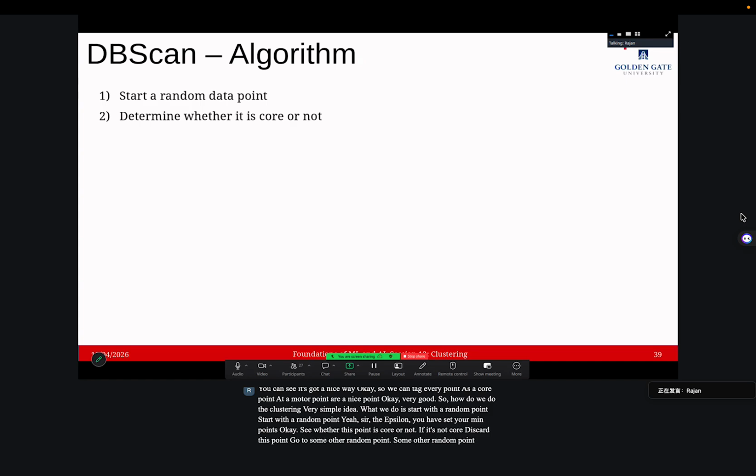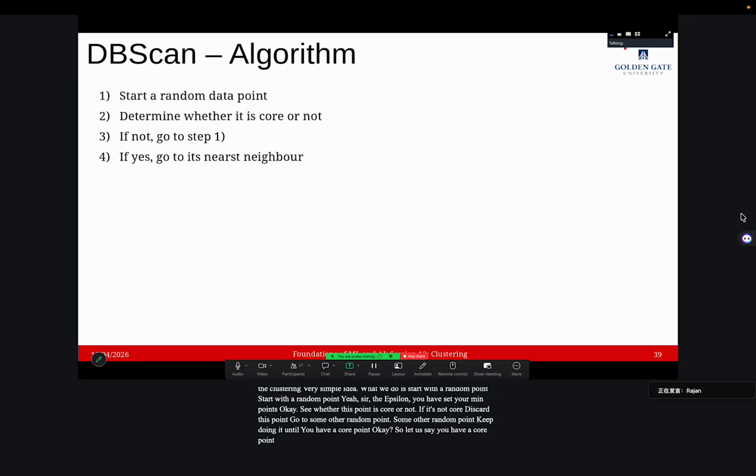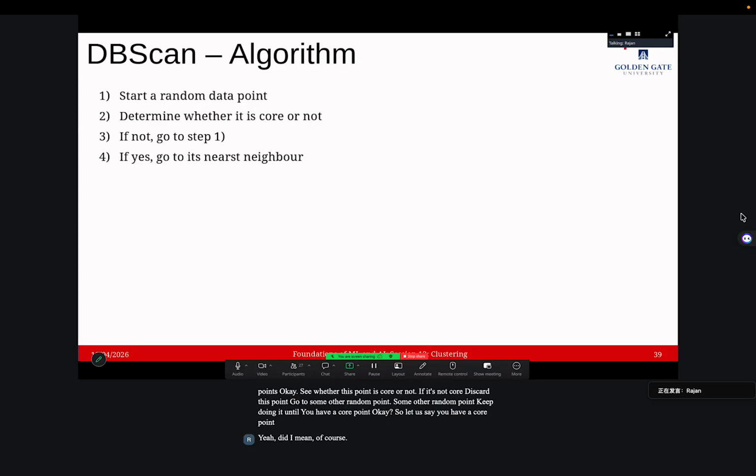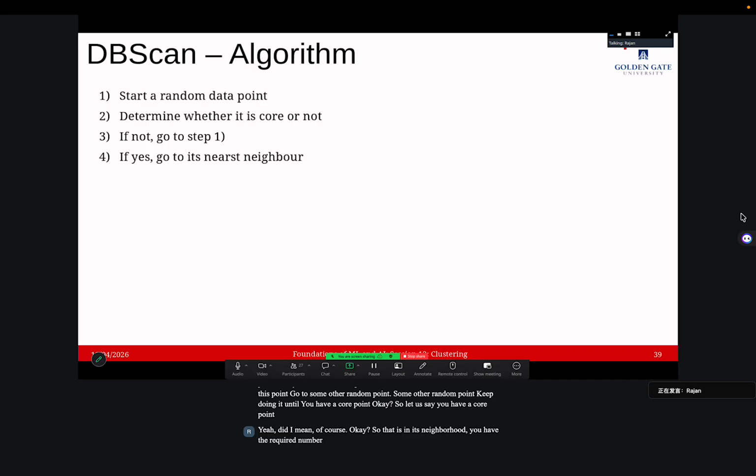Keep doing it until you have a core point. So let us say you have determined a core point, that is, in its neighborhood you have the required number of points or more. Now from this point, go to its nearest neighbor, the next point closest to it.